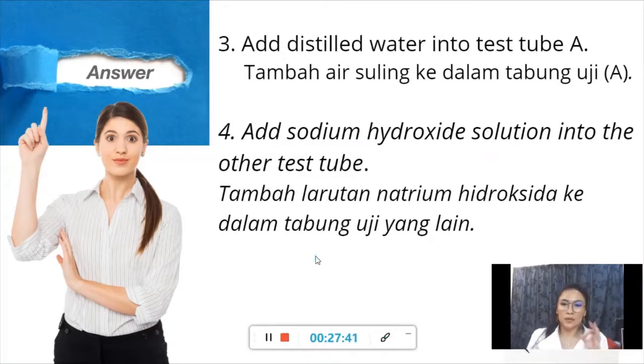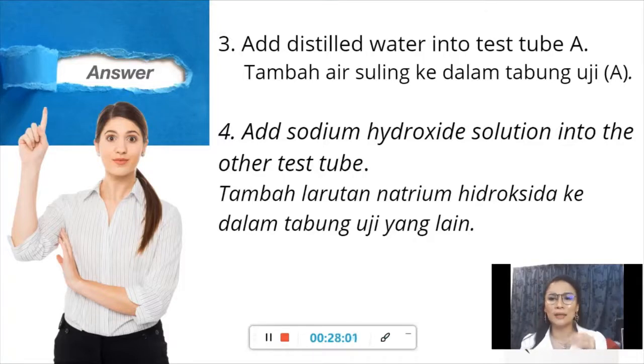So the third procedure is we add distilled water. You add distilled water into test tube A. Tambahkan air suling ke dalam tabung uji A. Then add sodium hydroxide solution into the other test tube.